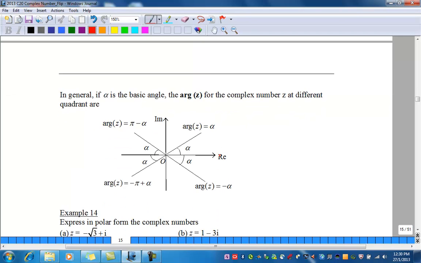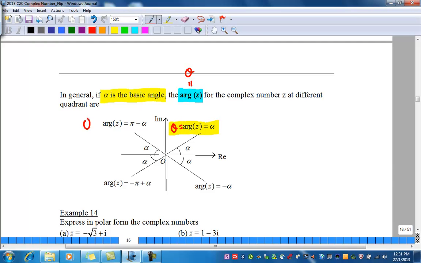In general, if alpha is the basic angle, the argument of z, which is your theta, for the complex number at different quadrants is summarized as follows. First quadrant, your theta is equal to your basic angle.